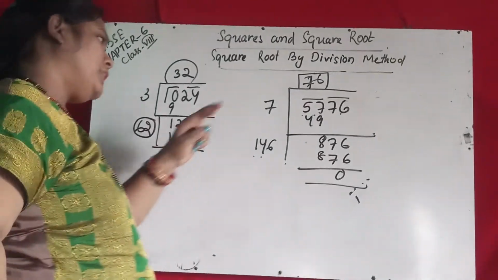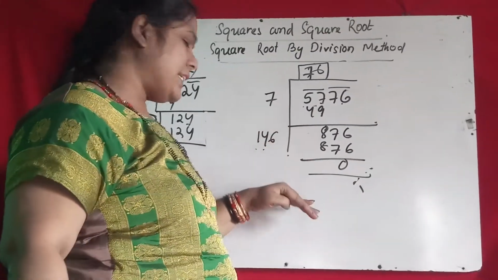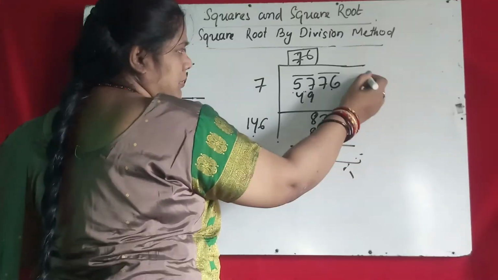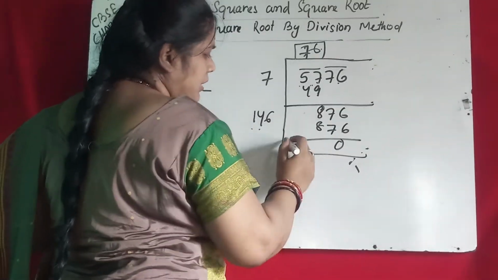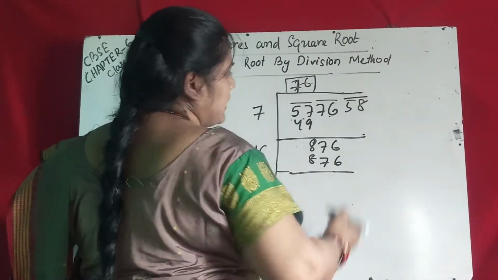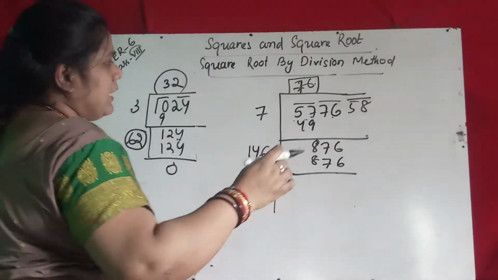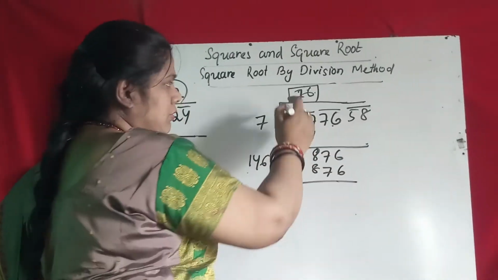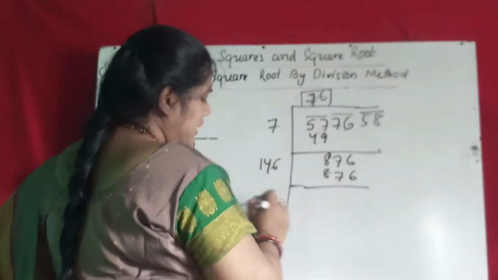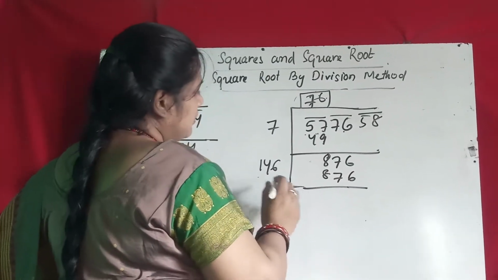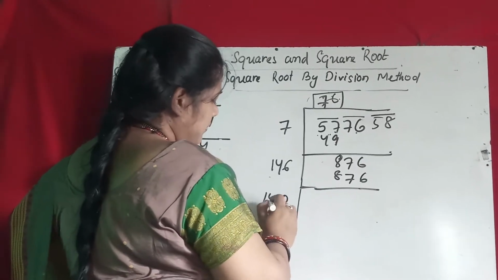So you take the double. Suppose in the next step some more digits are there, you take the double of the quotient. Suppose there is another 58 like this. Then how much do you take? 76 double. 2 6 are 12. 1 2 7 are 14. 15. Okay.